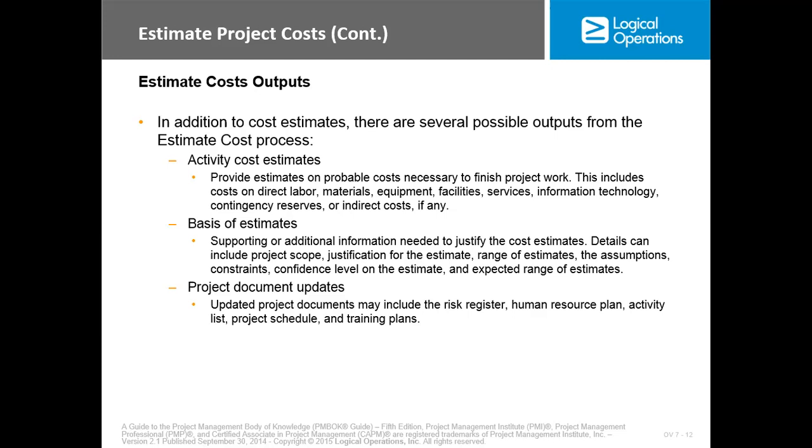Details can include project cost, project scope, justification for the estimate, range of estimate, the assumptions, constraints, confidence level on the estimate, and expected range of estimates. Okay, so with this we bring up the basis, what are our reasons for stating those estimates.